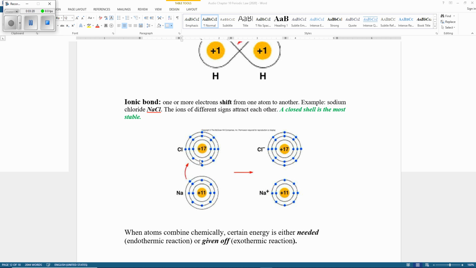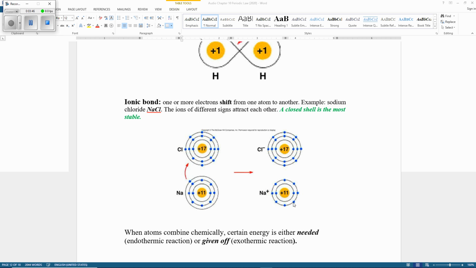So when these two combine, this electron goes to chlorine. Then they become two ions. The chlorine becomes negative because it has 17 positive charges but 18 negative charges, having caught one from sodium.